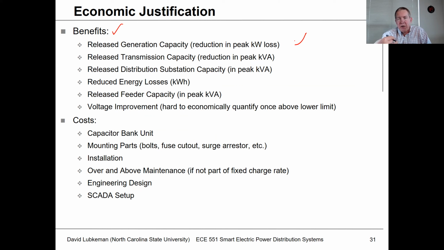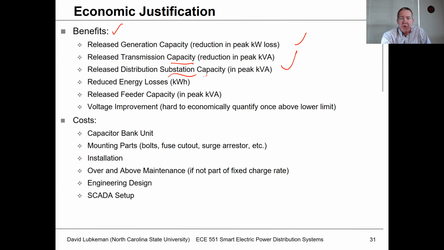If I had power factor correction, reducing the kVA that's required of all my upstream components, say my substation transformer, my transmission system, then I'm going to have released capacity associated with transmission and released capacity associated with substation. Sometimes those are lumped together, sometimes they're 2 different categories, but there's a benefit due to that.